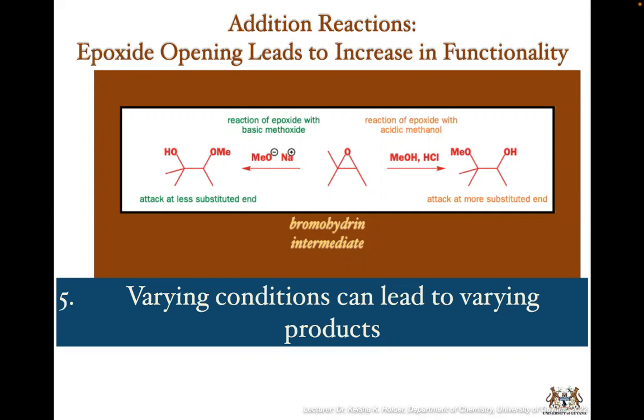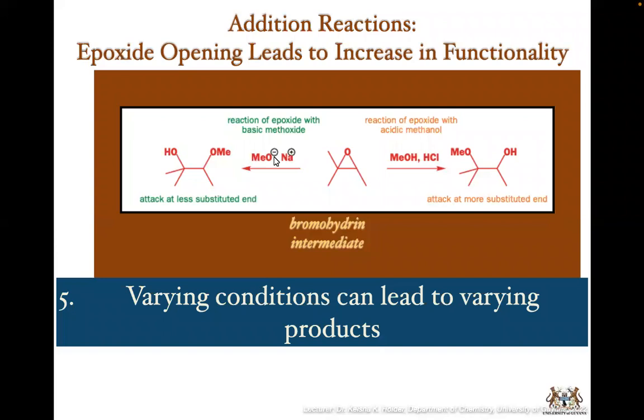So we have the epoxide, it is highly strained, similar to the bromonium, and so it's waiting to pop open as long as there's a nucleophile there that is ready to do that.